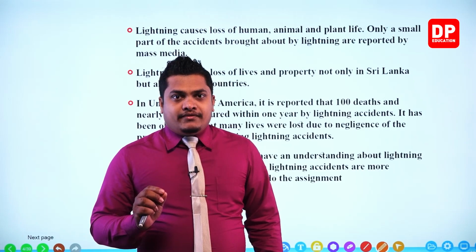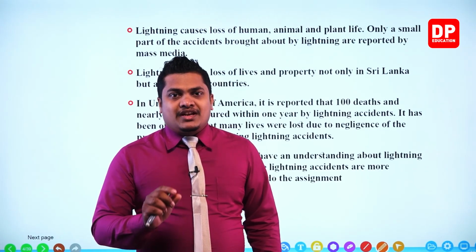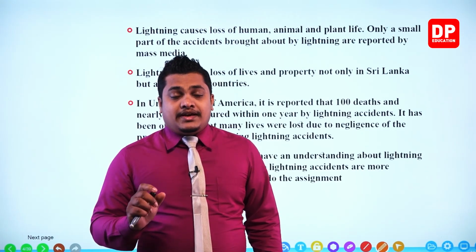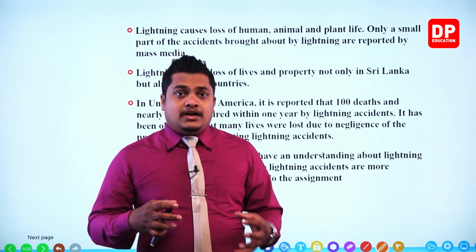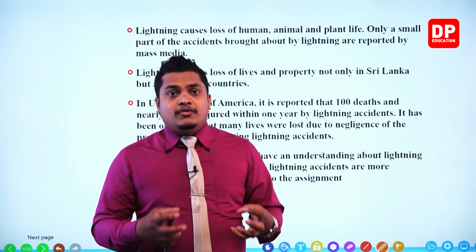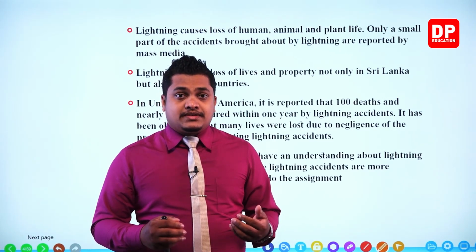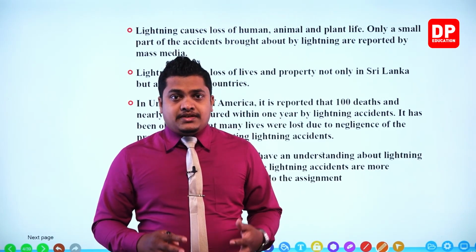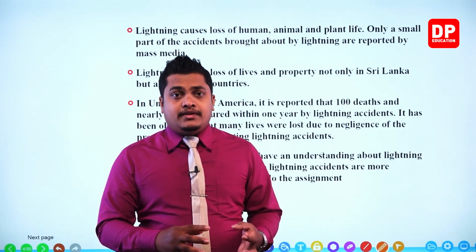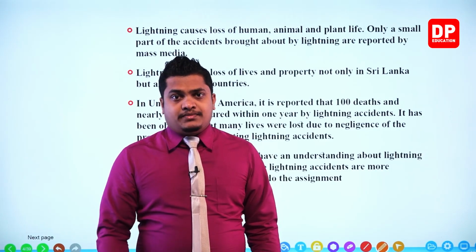So in mass media, my dear children, there are very few accidents reported. If the disaster is huge, if a certain person has died, or if there is a huge loss of property, then that incident will be given to the mass media.